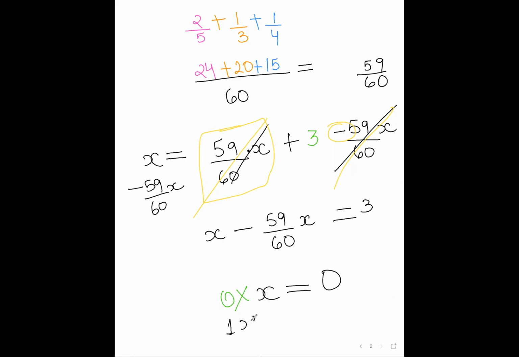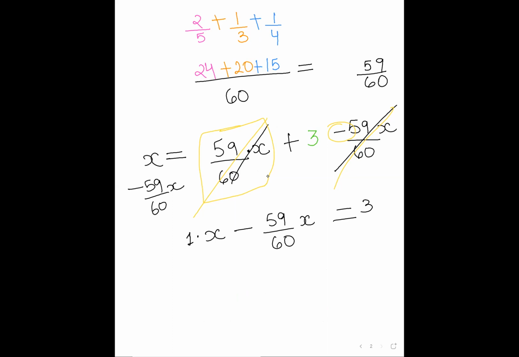But if you have 1 multiplied by x, then that is simply x, right? 1 multiplied by anything is the number itself. So 1 multiplied by x will give you x. And minus 1 multiplied by x will be negative x. So here, since it was positive x, it will be 1. Yes, very good.